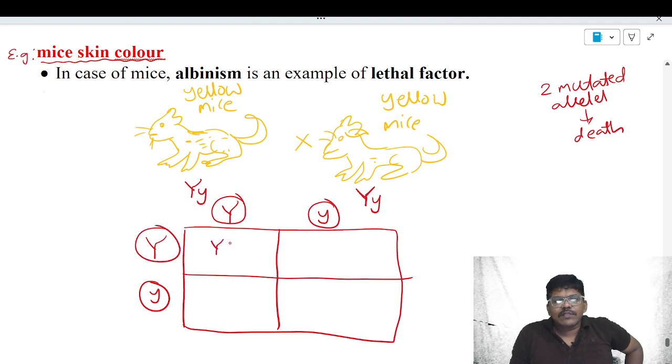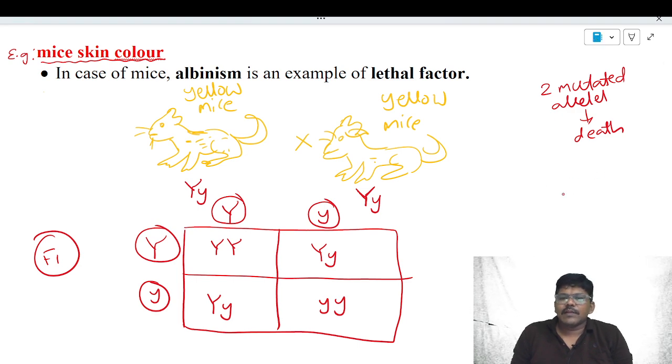Then the possible F1 generation organisms by using the Punnett square: capital Y capital Y, capital Y small y, capital Y small y, small y small y.